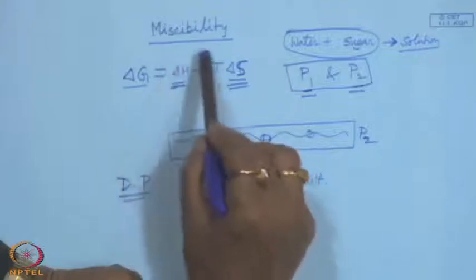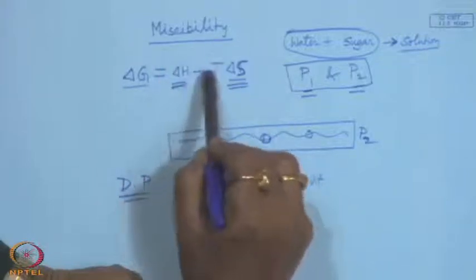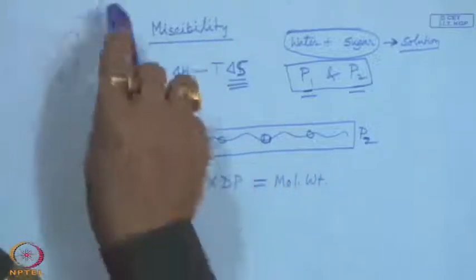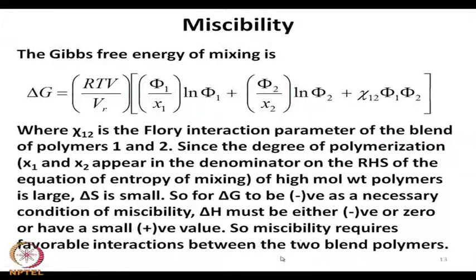So, this term becomes bigger, and ultimately delta G will become negative. So, miscibility requires favorable interactions between the two polymers in the blend. That is actually known from this equation where this interaction parameter is included.